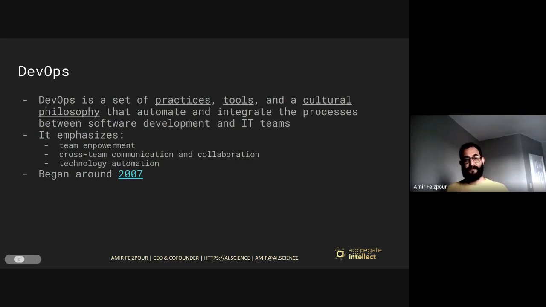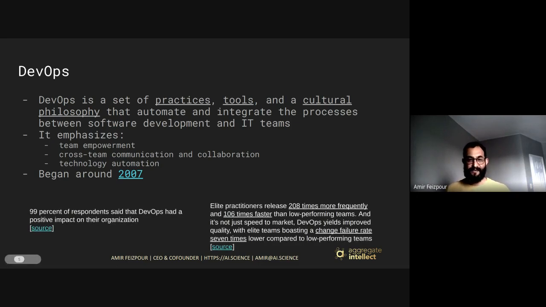The formal definition of DevOps is a set of practices, tools, and cultural philosophy that helps you develop faster. There's a lot of information, but ultimately it means a set of processes and tools that allow us to think faster and experiment faster.